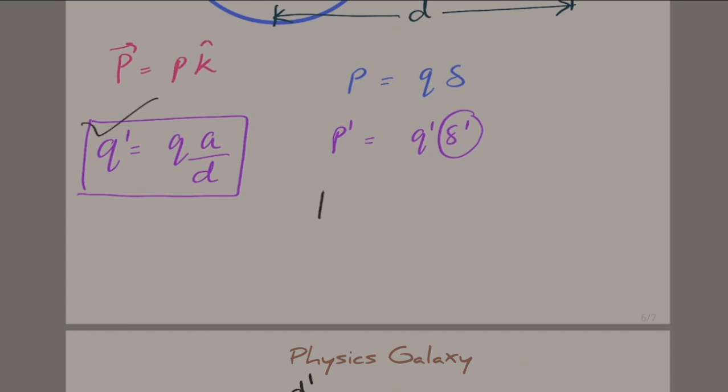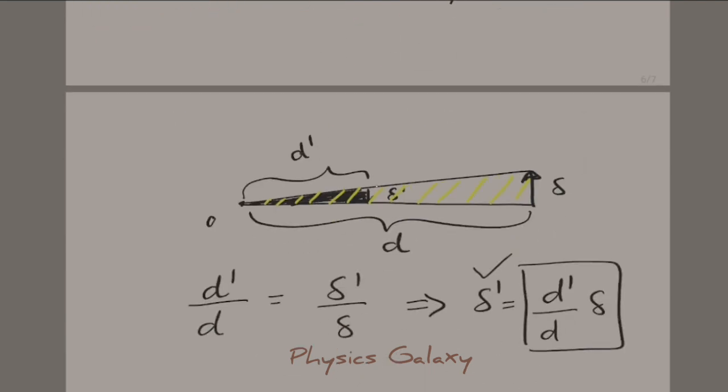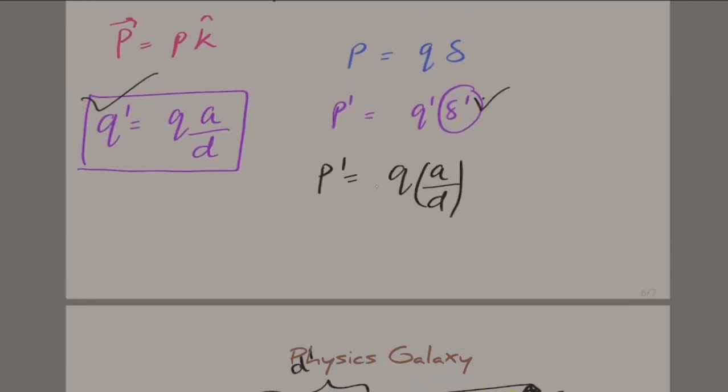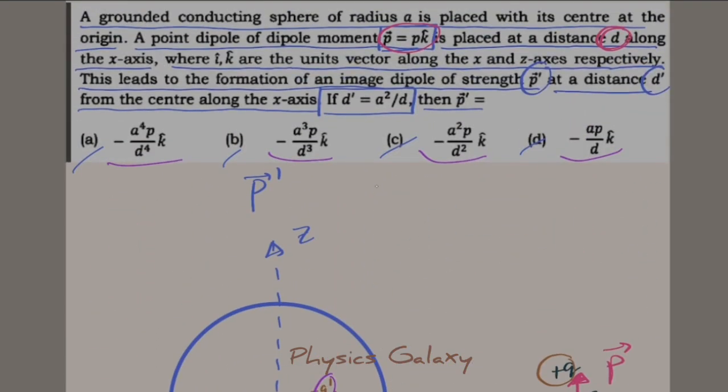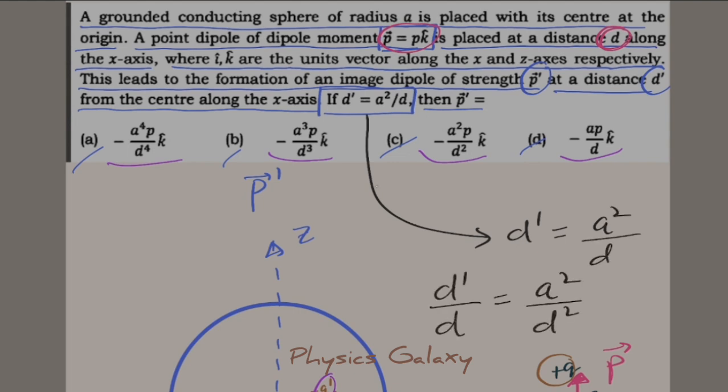Now substituting, p dash will be equal to q dash, which is q a by d, times delta dash, and delta dash is d dash by d times delta. But what is d dash by d? That is given in the question: d dash equals a square by d, so d dash by d equals a square by d square.